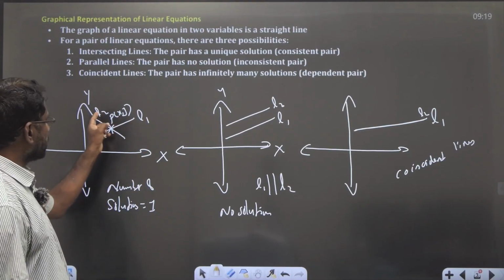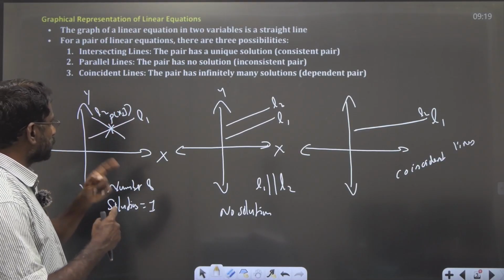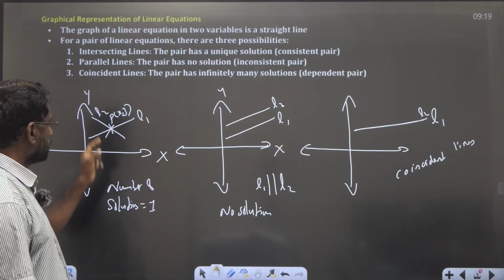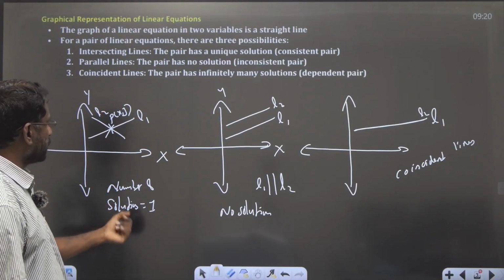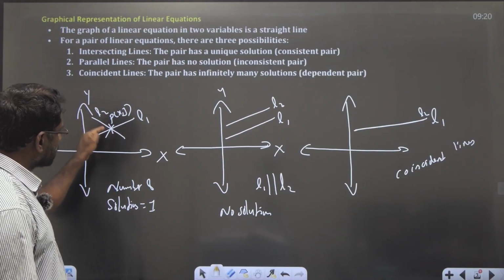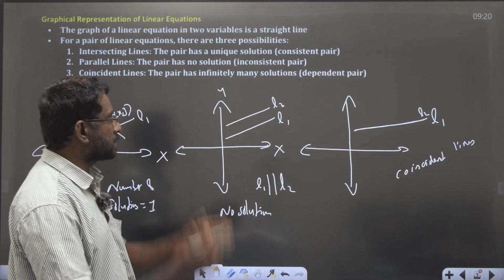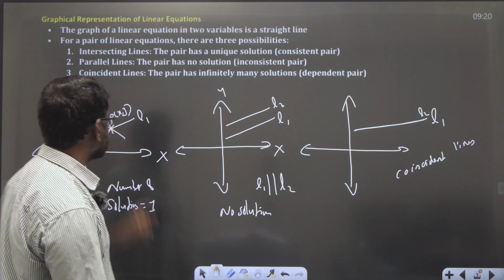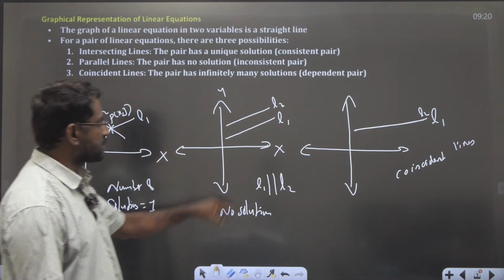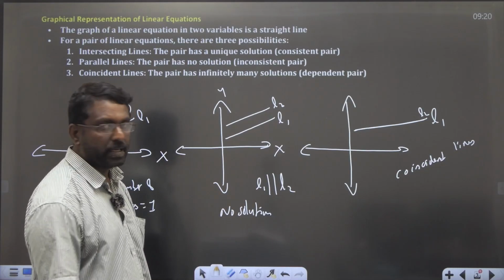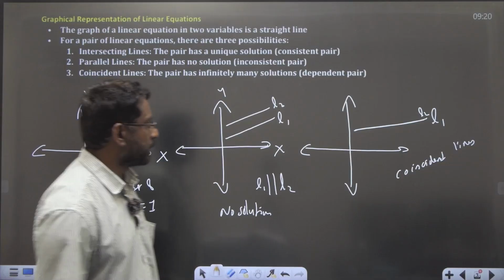If L1 and L2 cross through only one point, that means they intersect only at one point, the number of solutions is 1. The solution is the intersection point. But if they are parallel, they are non-intersecting lines, we can't find such a point. So in two parallel lines, there exists no solution.